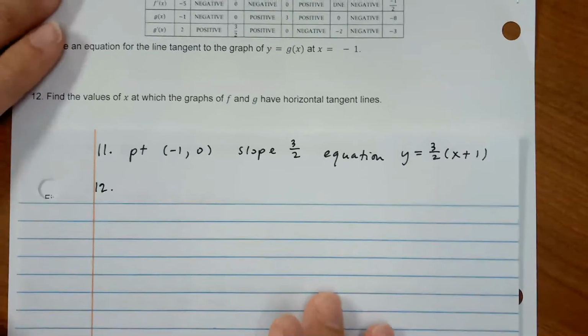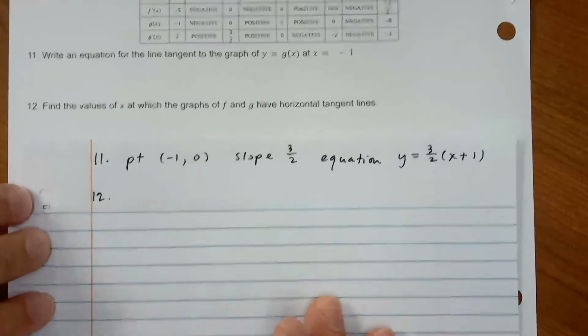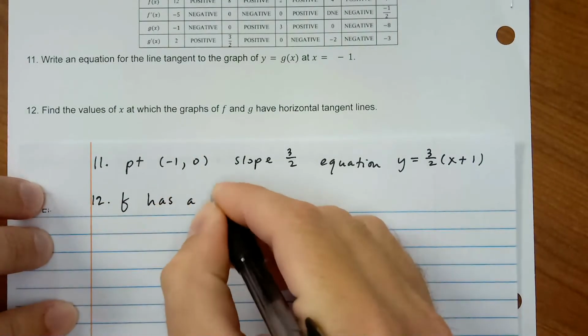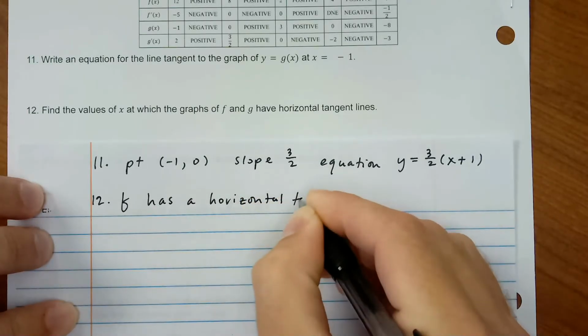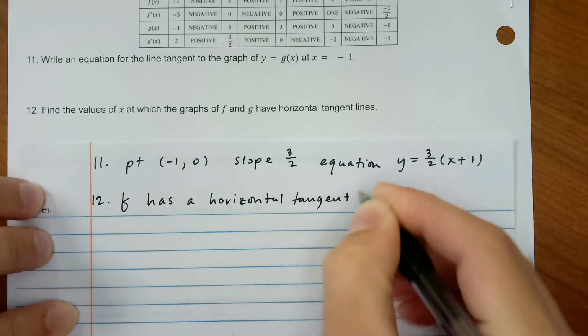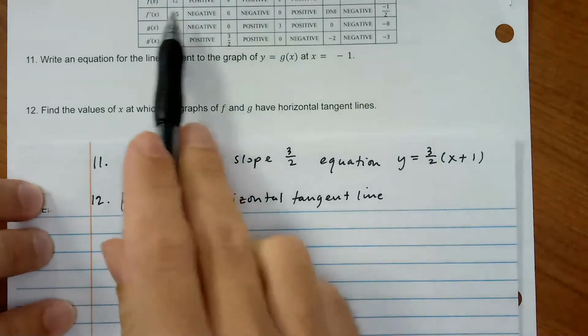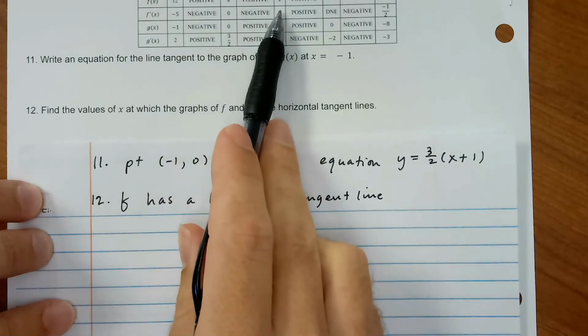Now find the values of x at which the graphs of f and g have horizontal tangent lines. Okay. It's going to have a horizontal tangent line when f prime equals 0. So that's going to be -1 and 0.